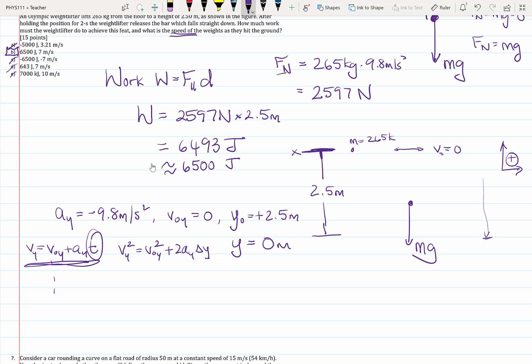So I'm going to just go to this second equation over here, because actually I have everything there.